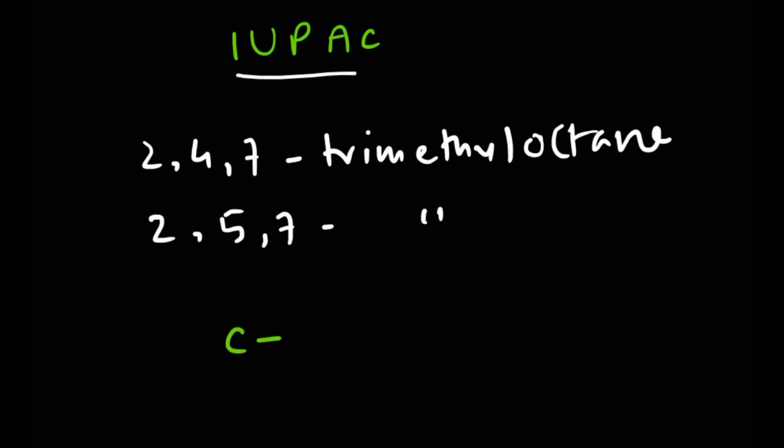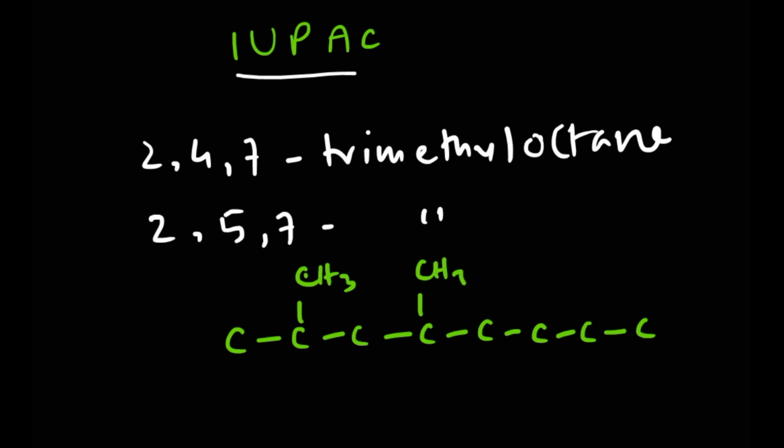So here octane: 1 2 3 4 5 6 7 8, 8 carbon atoms should be there, and in 2 position 1 methyl, in 4 position 1 methyl, and in 7 position another methyl. That is very simple.